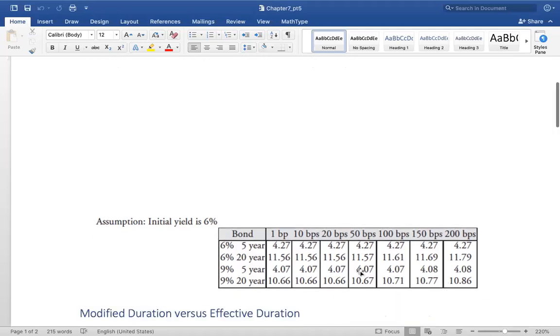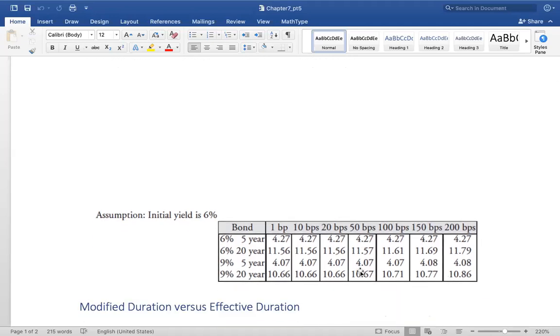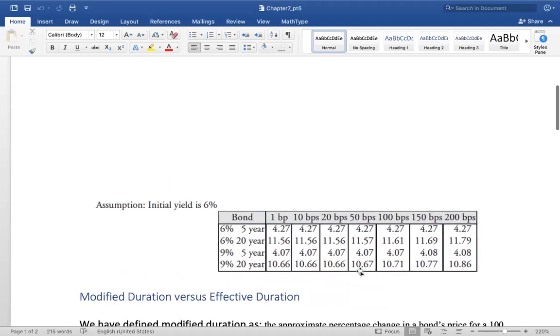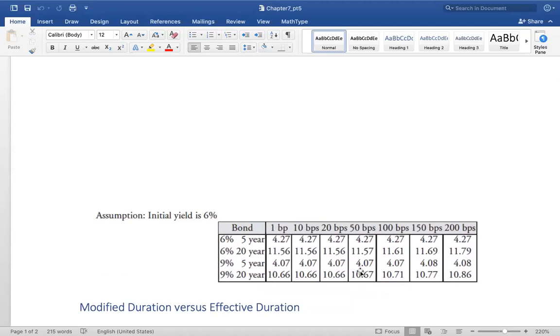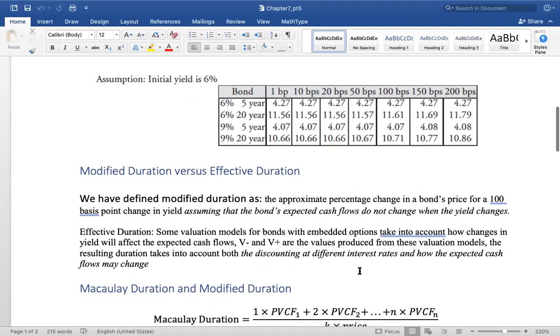Another important concept of duration is modified versus effective duration. The duration formula we have been using until now is basically the modified duration, right? It can be effective duration. So what's the difference?